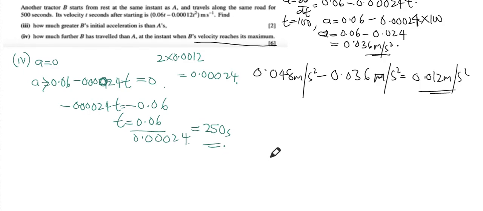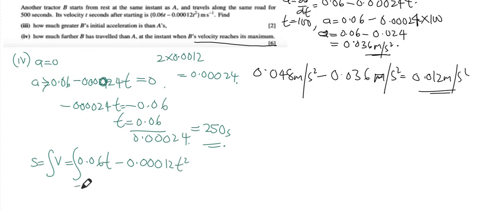So now, how much further has B traveled than A? To do that, we have to know the distance. So s equals the integral of v, which is 0.06t minus 0.00012t squared.